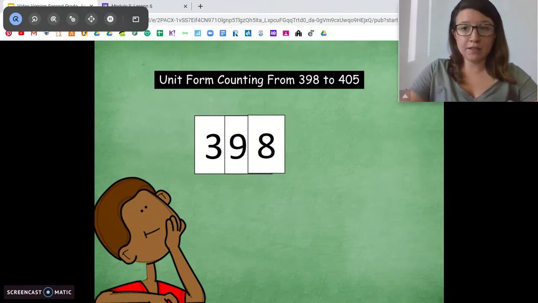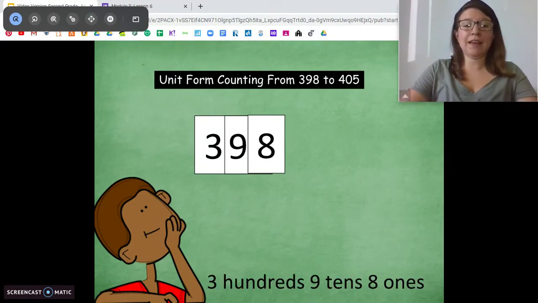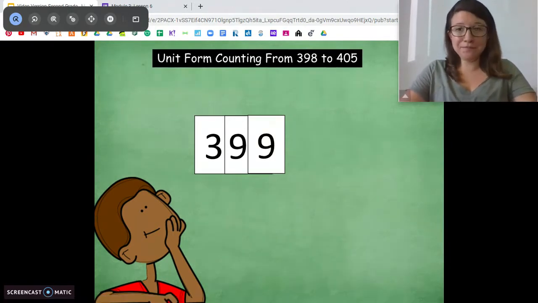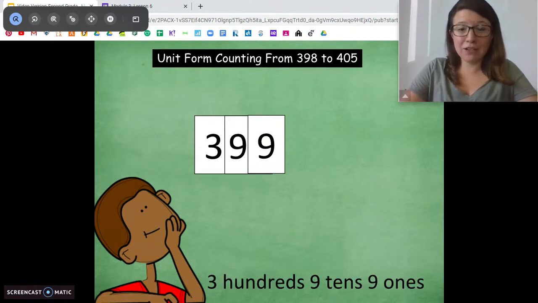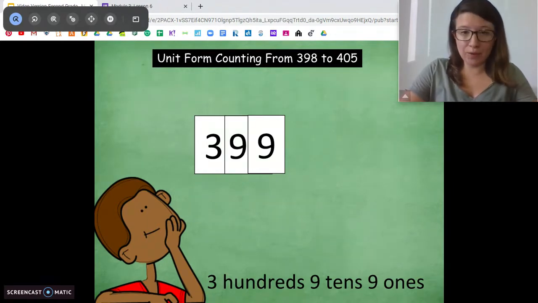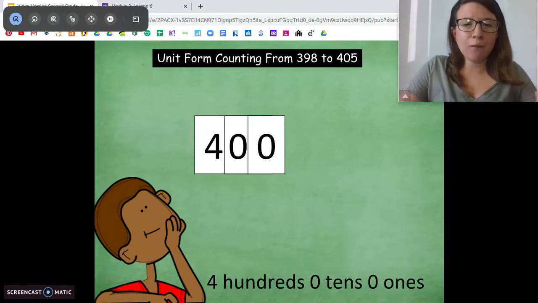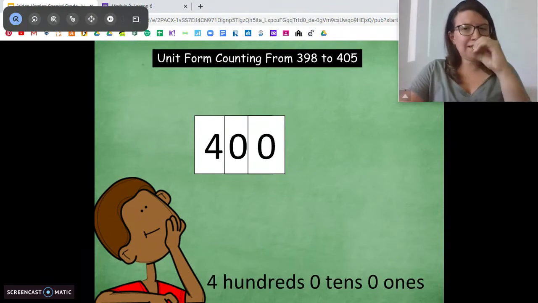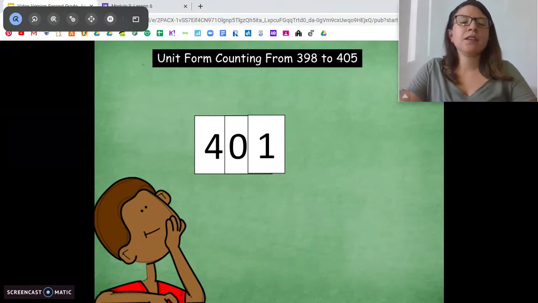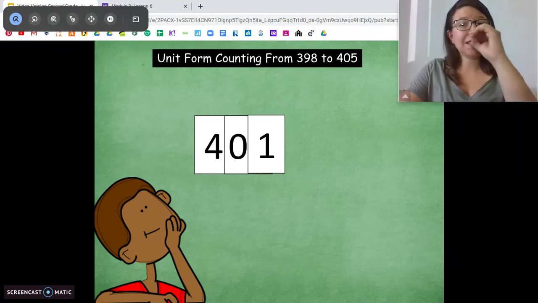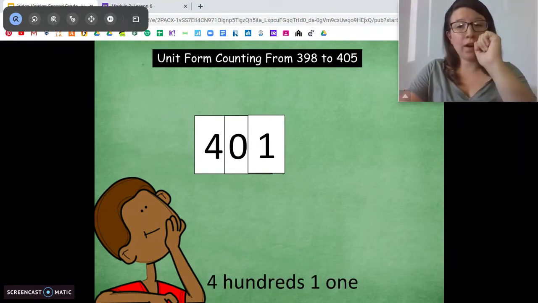How many hundreds? How many tens? How many ones? So we'd say 3 hundreds, 9 tens, 8 ones. Awesome. Keep going. 3 hundreds, 9 tens, 9 ones. Don't get tricked. 4 hundreds, 0 tens, 0 ones. 4 hundreds, 0 tens, 1 one.